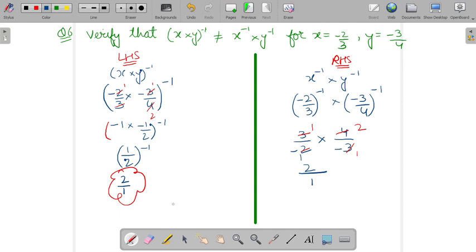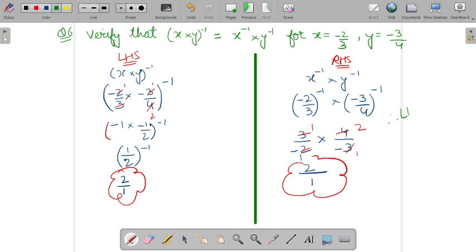Okay, so in this case the RHS is 2 upon 1. Here the question is that both of them are equal. LHS and RHS are equal. This thing you have to prove. It's not unequal here. So what do you observe here?